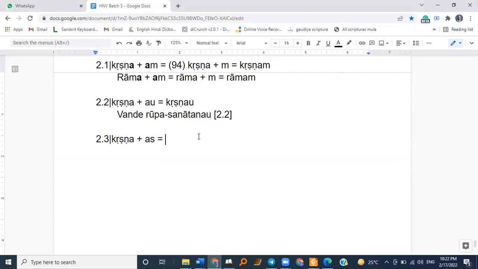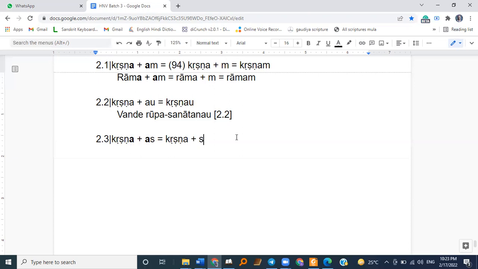We'll just remove it and we have Krishna Yukta As. Of course, this As belongs to Shas. So based on Sutra 94, because Sutra 94 says that if we have the Dashavatara followed by either As or Shas, then we delete the Rama. So we delete the A of Shas and we get this.